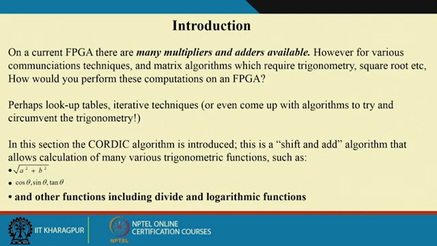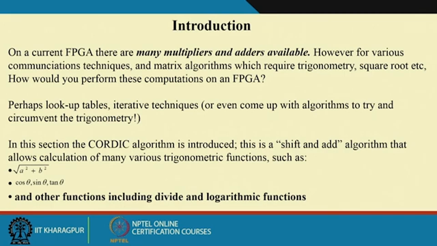Then how can we do that? Suppose I need to do matrix multiplication or matrix inversion. If I am developing the hardware for image processing algorithms, image processing is basically two dimensional.